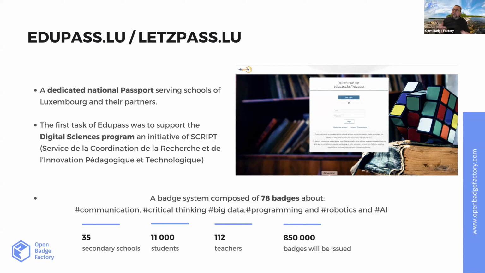There is a lot of change all the time, so it's very difficult to keep up to date with 78 badge applications. The other problem is that some students didn't get the messages. Many of them chose the wrong school, so the application went to the wrong teacher. So it was not really working very well.